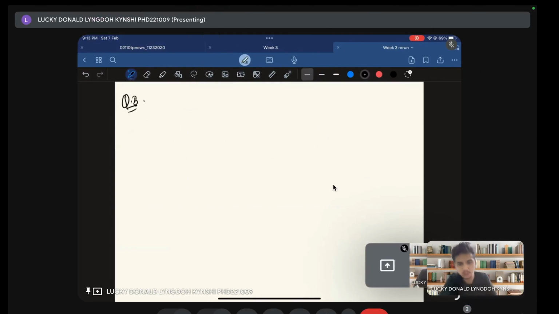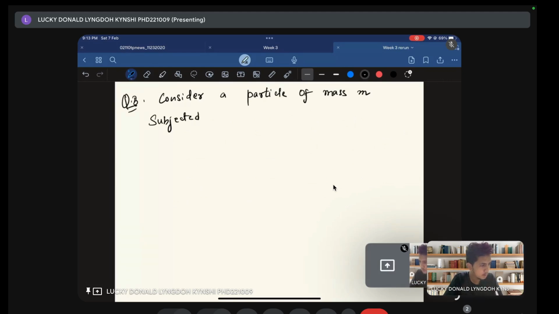So okay, we'll go to the third problem. What is the third problem? The third problem is saying that, consider a particle of mass m subjected to a 1D potential V of x equal to infinity for x less than 0, and half of m omega x square for x greater than 0.